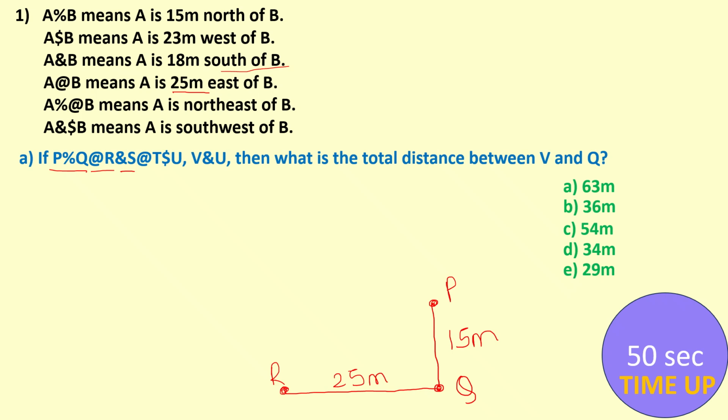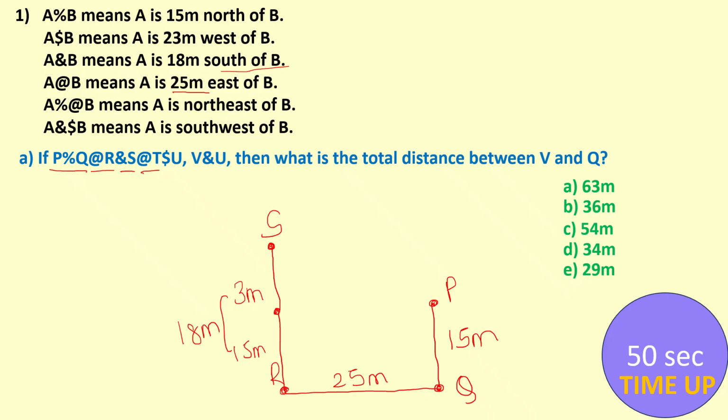So if this is 15 meters, till here it is 15 meters, then 3 meters extra we require to make it 18 meters. So S will be placed here. So this is 15 meters and this will be 3 meters. So total will be 18 meters.